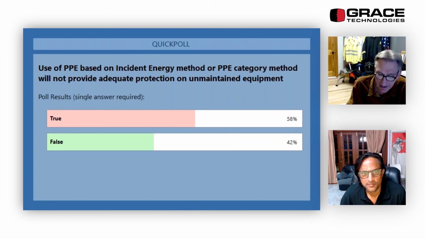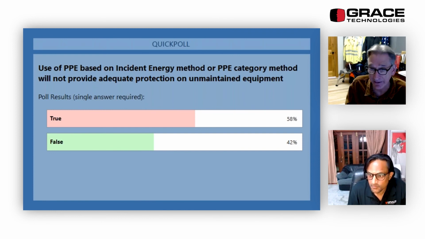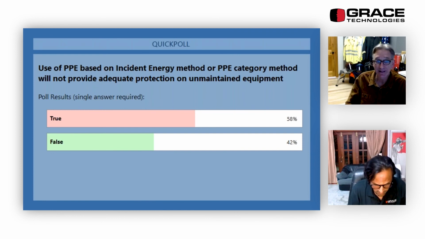When equipment is not properly installed or maintained, PPE selection based on incident energy analysis or even the PPE category method might not provide adequate protection from arc flash hazards. So yes, the use of PPE based on the incident energy method or even the PPE category method could be inadequate because of the equipment not being maintained properly.